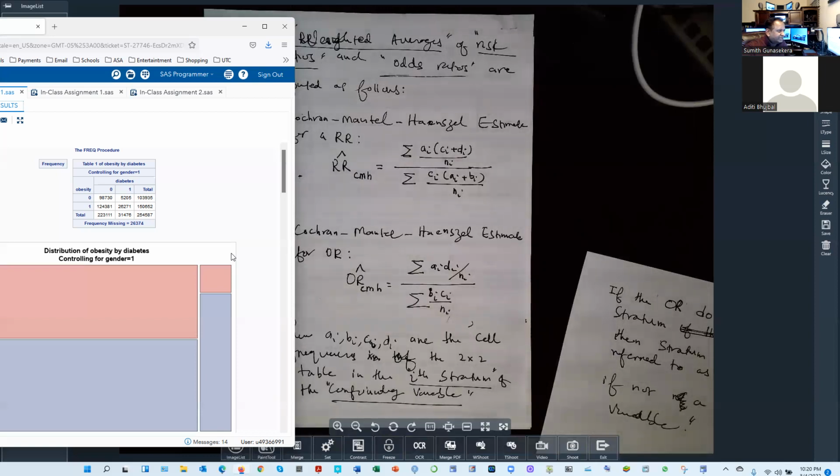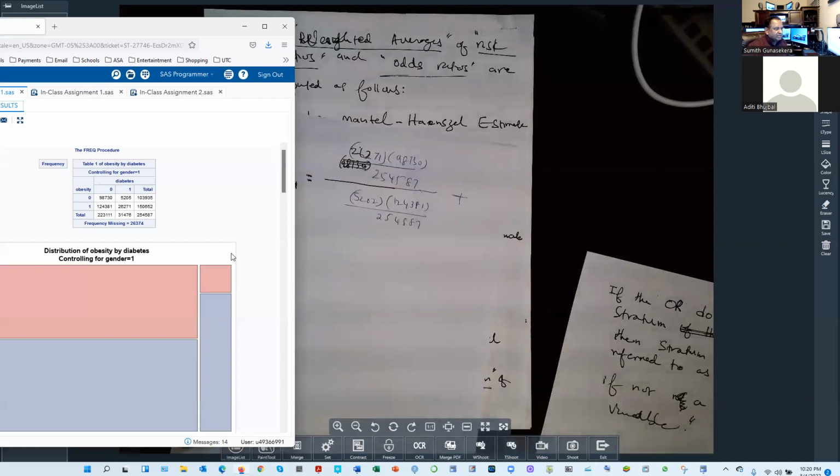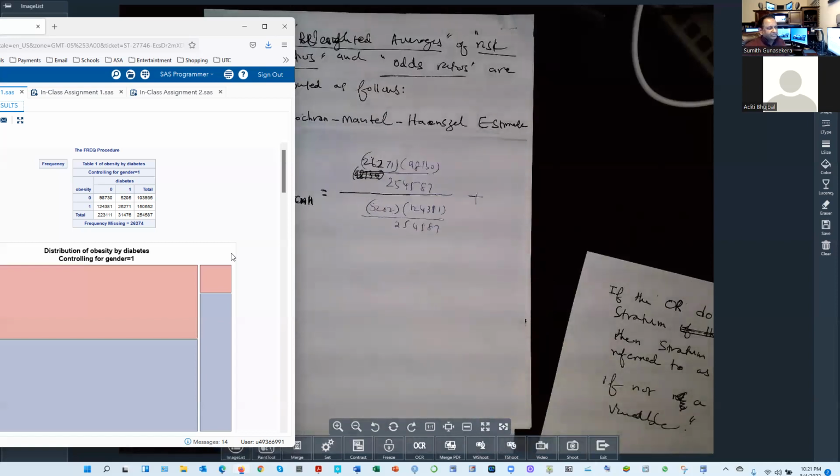See B and C. So 5202 times 12,431 is 43,381, divided by its grand total again, 25,487. Okay, plus. So this is what I'm talking about. That's for the male. See, that's for the female.